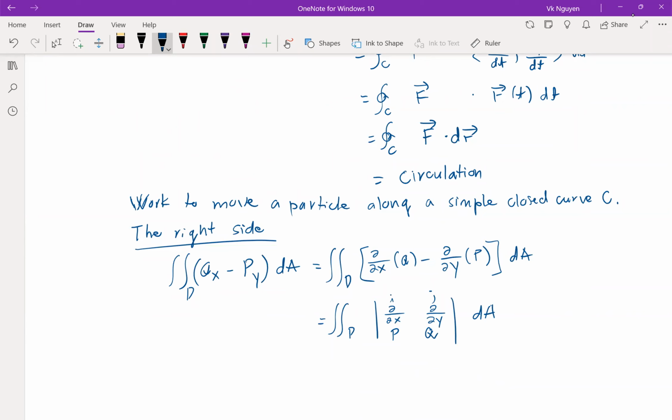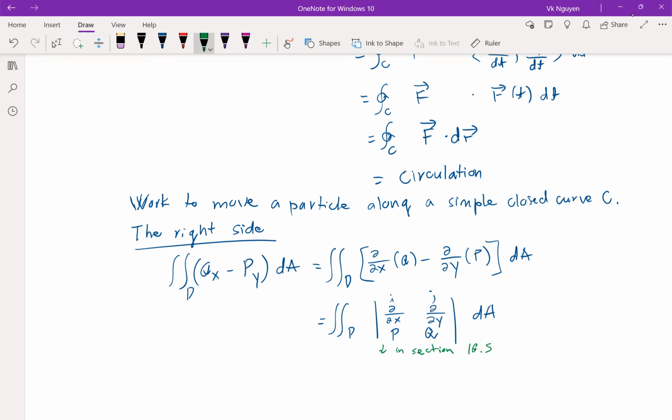Okay, for now I won't go to the next section, but when we study the next section, this is what is called a micro circulation. This is in section 16.5.